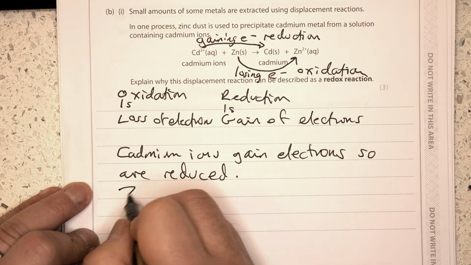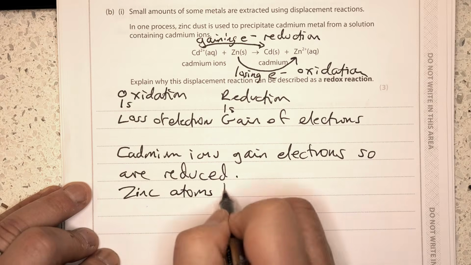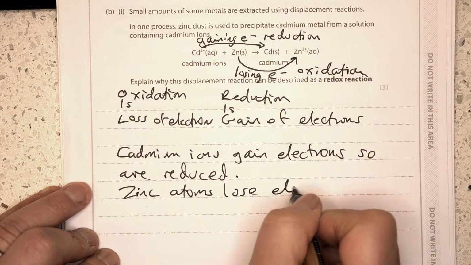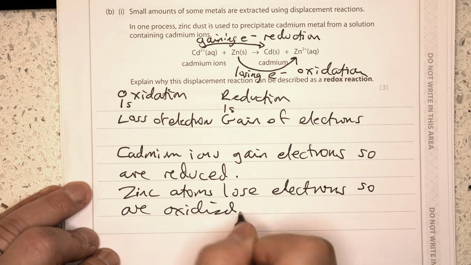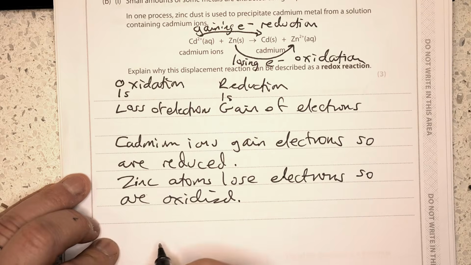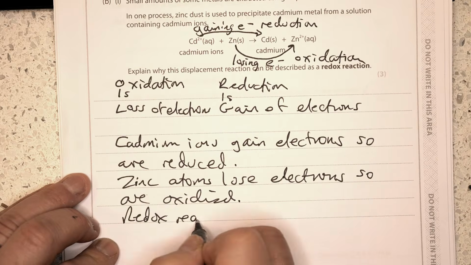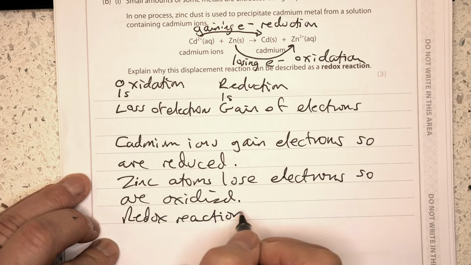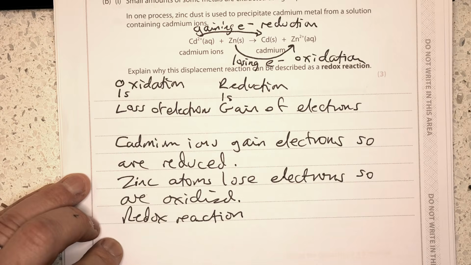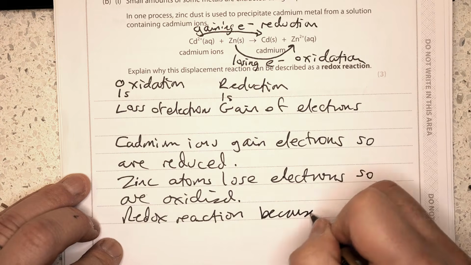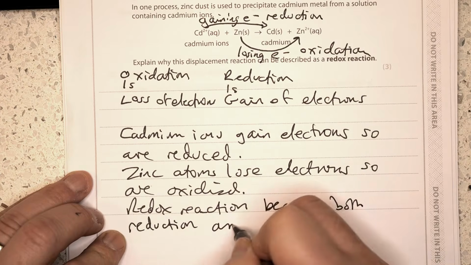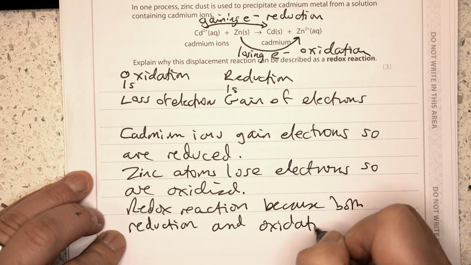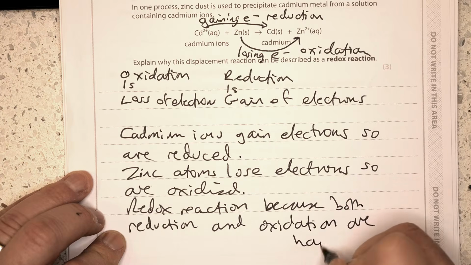The zinc atoms lose electrons, so are oxidized. So it's called a redox reaction because you've got reduction and oxidation happening at the same time. That's where that word comes from. So redox reaction because both reduction and oxidation are happening.